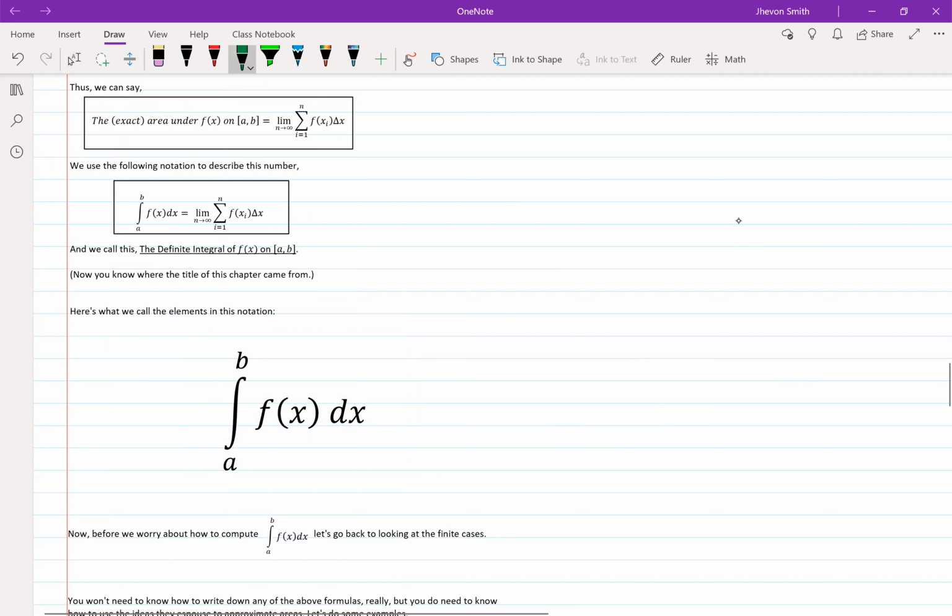So this here is called the integral sign. The B is called the upper limit. The A is called the lower limit. The function f of x in this case is called the integrand.